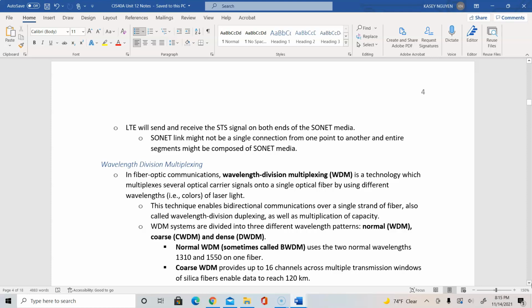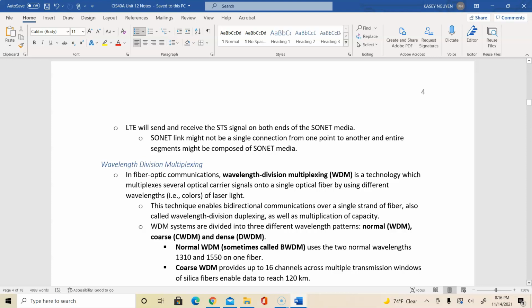So in fiber optic, it would then use wavelength division multiplexing, which is known as WDM technology, where multiplexers are used with several OC signals onto a single optic fiber using different wavelengths. Now, there are 3 different wavelength patterns.